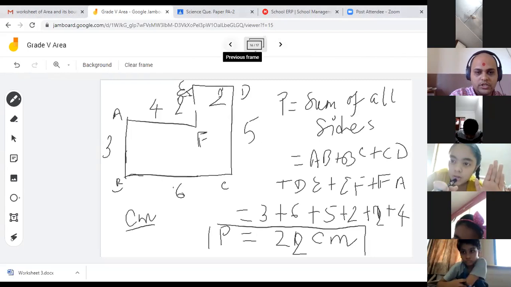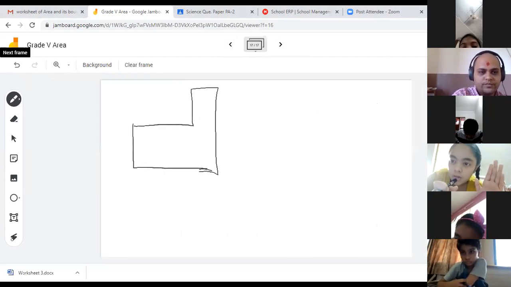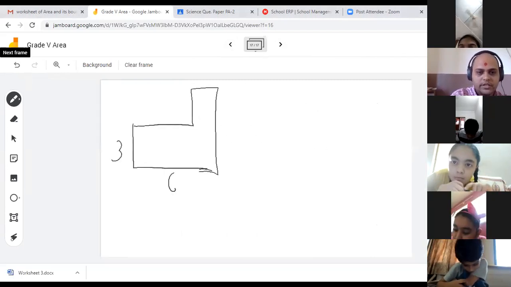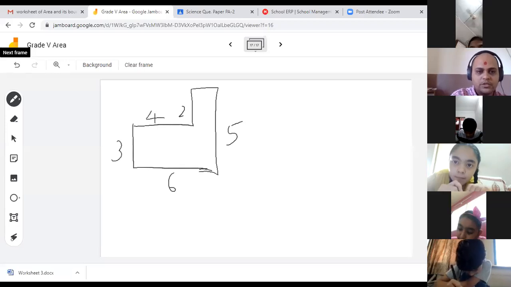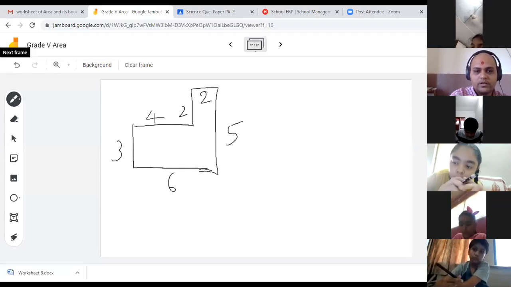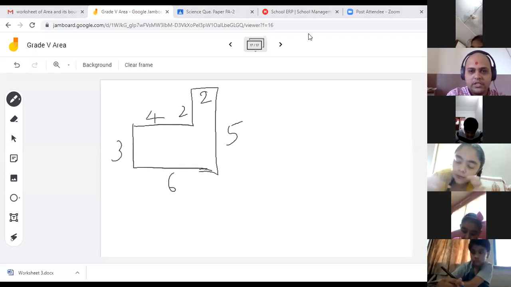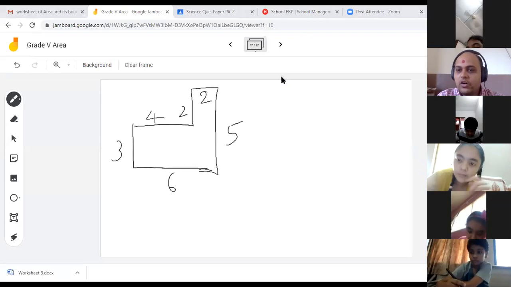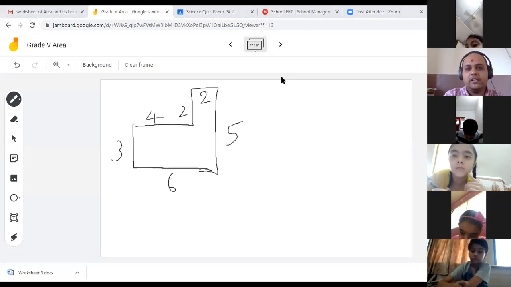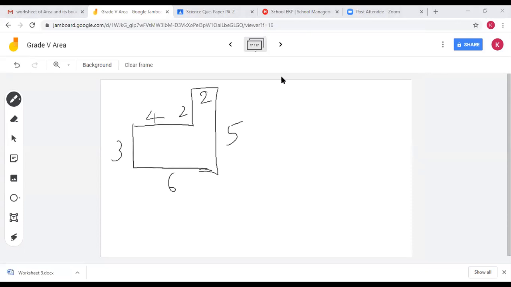So 3, 6, 5, and this one was 4, so this becomes 2, this becomes 2. Okay, right? Dhwani, we will talk about it later, right? Okay, now we have to find area. For this one, what we will do is divide this shape into 2 parts. Okay, we have got up to this point.